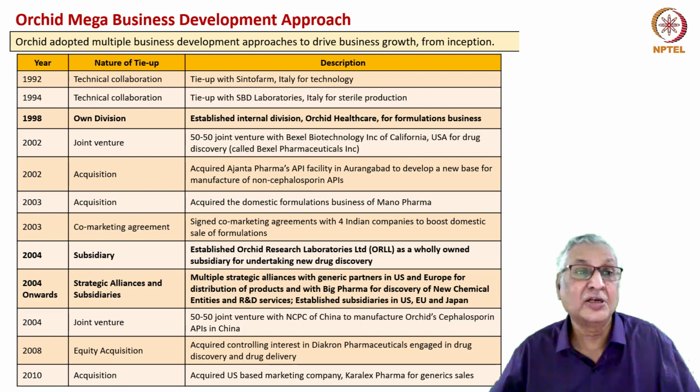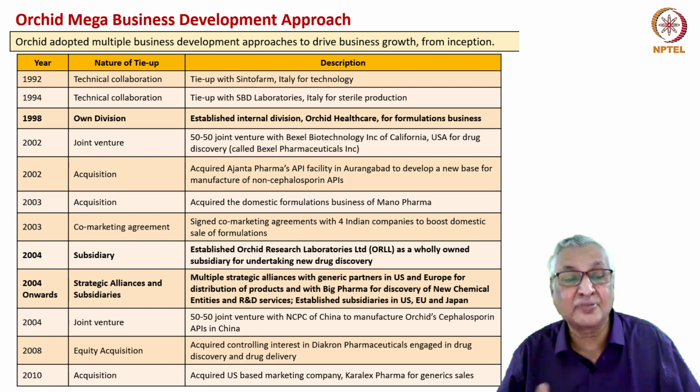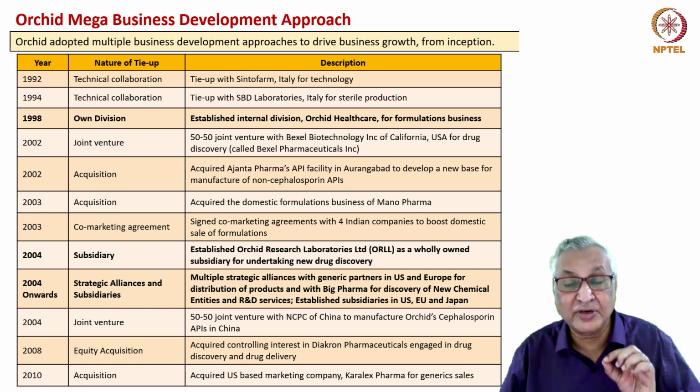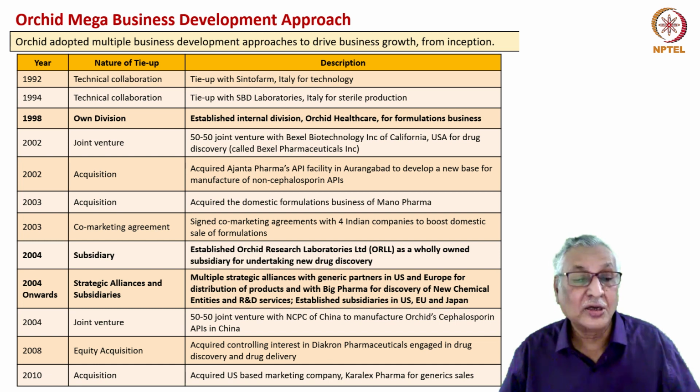You can also see the kind of chronological progress that has happened as part of the Orchid mega business development approach. In that, particularly, establishment of drug discovery activity in 2004 and a string of strategic alliances and subsidiaries that were put in place from 2004 again were the highlights of Orchid's business diversification.